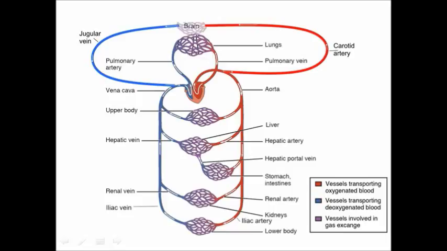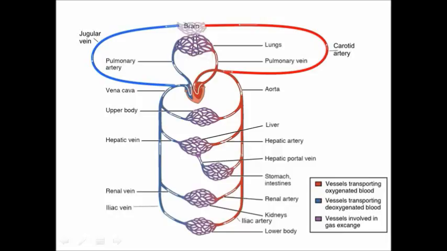In the next session we will be looking in more detail at the differences in structure and function of arteries, veins and capillaries. But for this session we're mainly concerned with just getting our feet under the table and being able to recognise some of the key features of the human circulatory system.